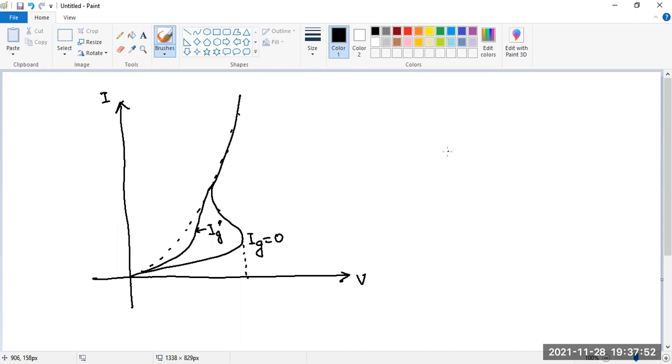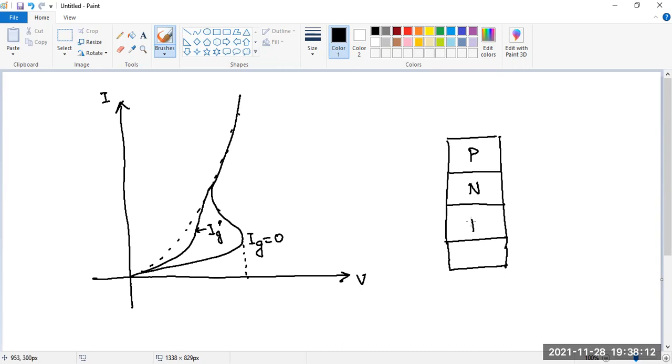Let me first draw these layers. There are four layers, so it can be P, N, P, N.